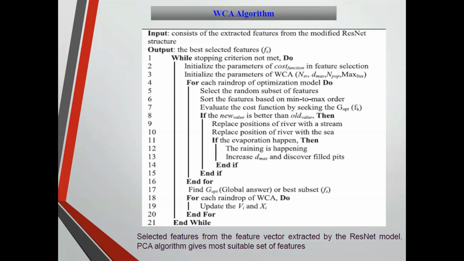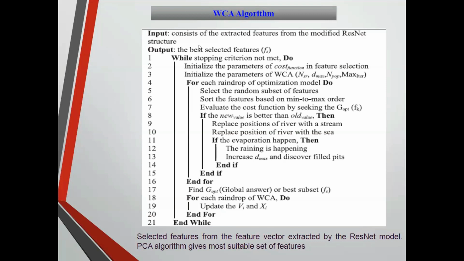So in that case, you need to initialize the parameters like a cost function in the feature selection method. And then initialize the parameters associated with the WCA, such as NCR, index, pop and maximum iterations. So for each round of the optimization model, select a random subset of the features. Because of that, we have already used one random function for generating the number of features.